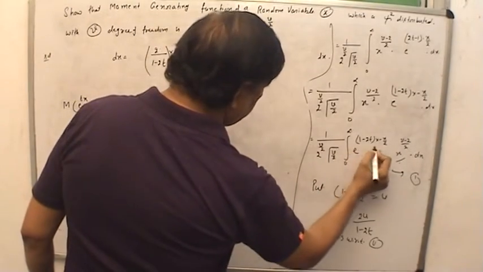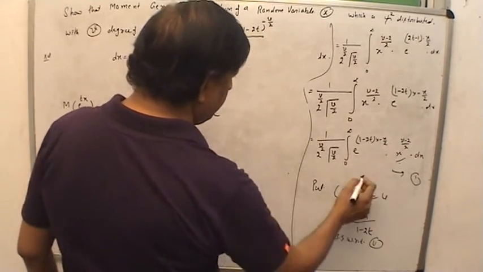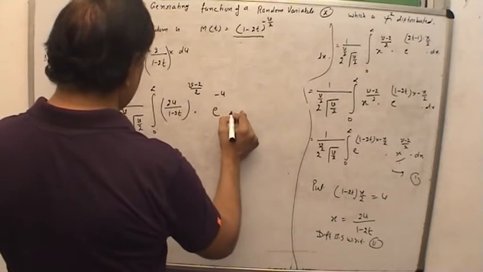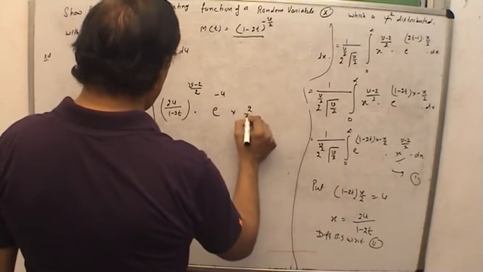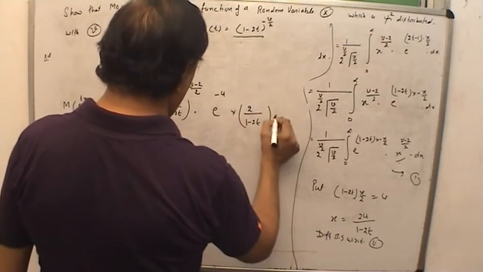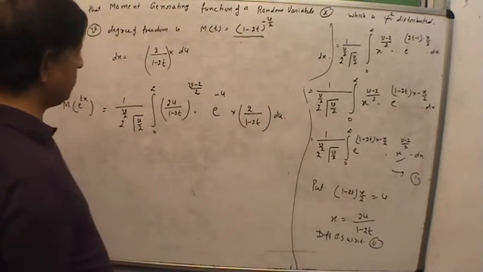Here all the function we have put is equal to 2, only negative is left. So what about dx? dx is 2 upon 1 minus 2t into du. That is how we have changed the variable.